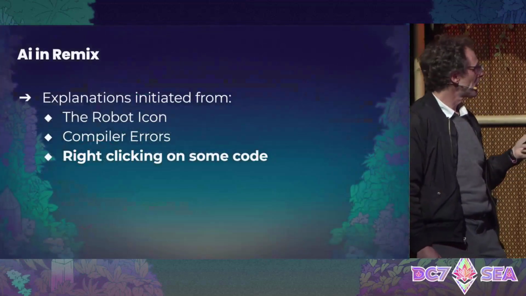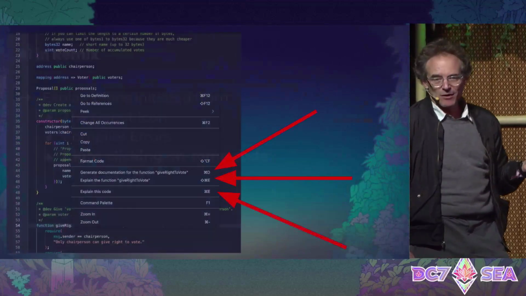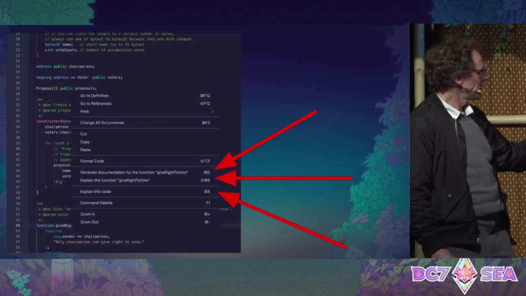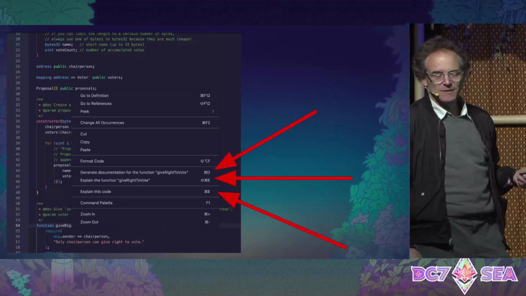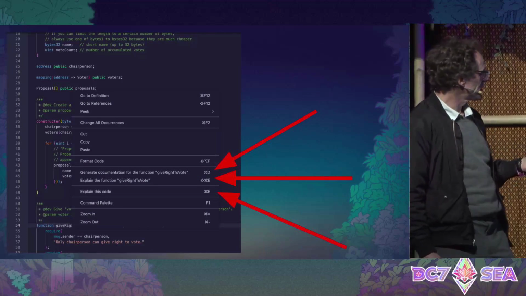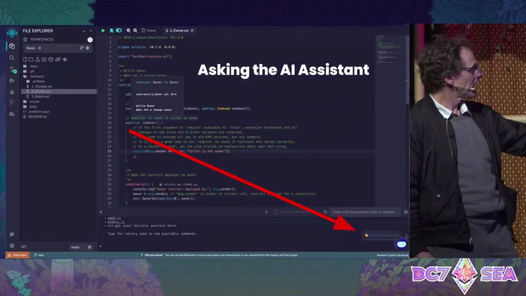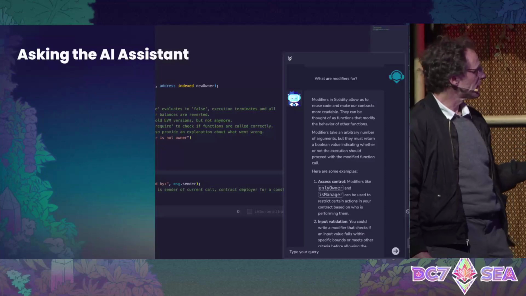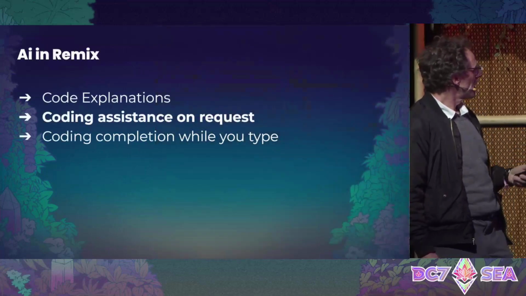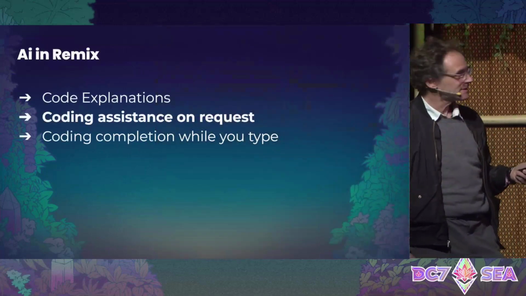If you right-click some code, you get a pop-up menu, and you click explain this code or explain this function, and again it'll tell you what's going on.